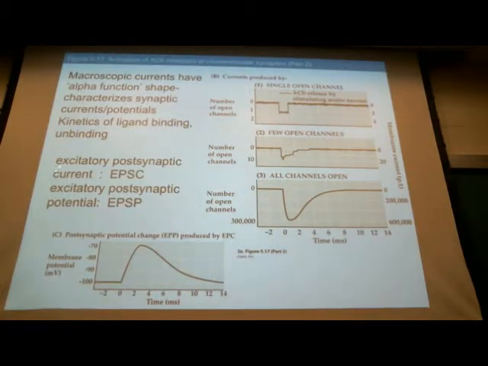A couple of abbreviations that I will use all the time without thinking about it. Excitatory postsynaptic current, EPSC, is what you measure on the voltage clamp. And then excitatory postsynaptic potential, EPSP, is the voltage response.